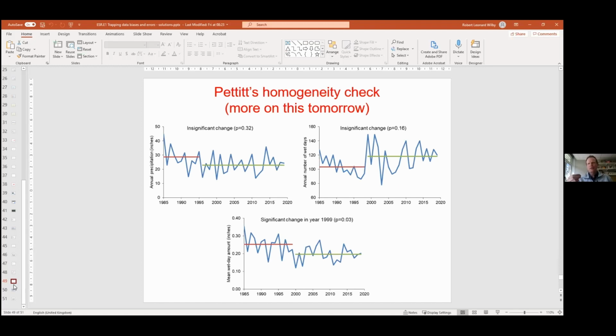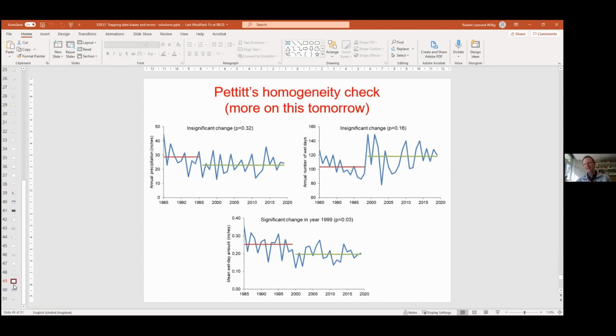For example, in the data set here, you might hypothesize that there was a change in the reliability of rainfall, or there was a change in the location of the weather station in a certain year, let's say 1999. And you could use the Pettitt test to see whether or not that step change is evident in the data. But the point is that you've set up a hypothesis before you went in there and tested it.